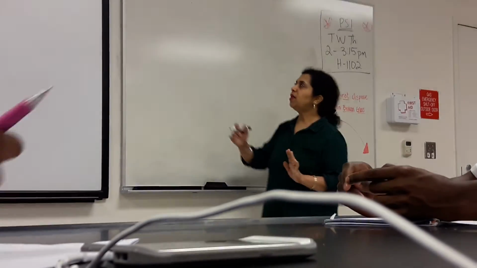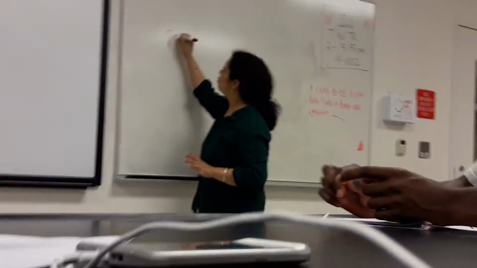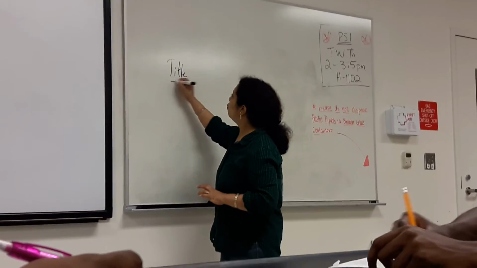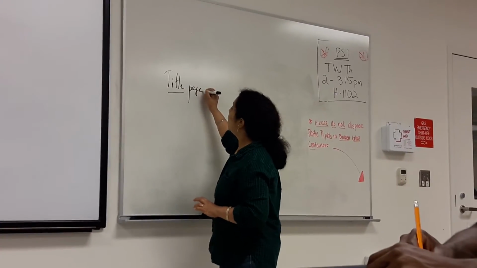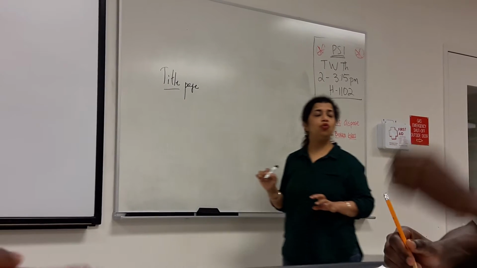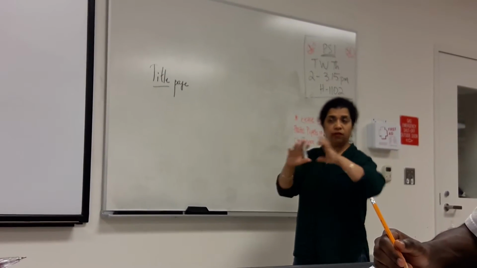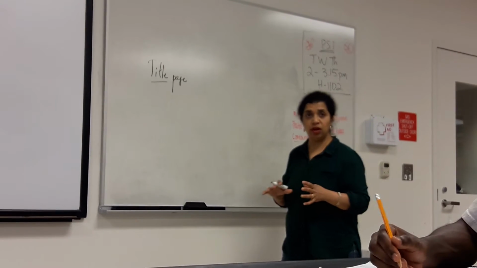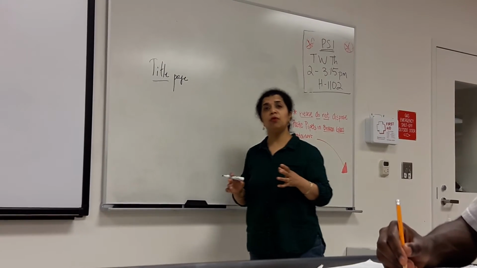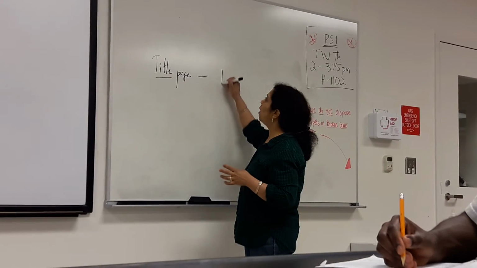So basically the first page is going to be the title page, which means you need to come up with a title. These are the 3 experiments you have done. It was a mini project, so you need to come up with a title.